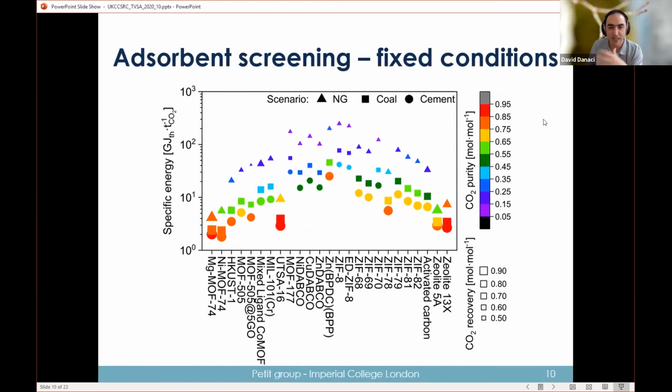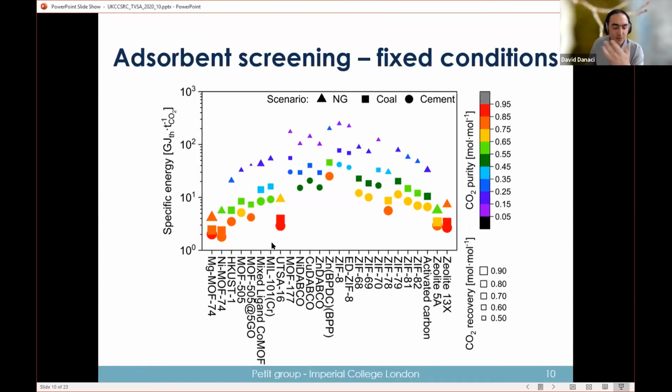So here is the same data set, but the specific energy reported on the y-axis. So the gigajoules of thermal energy you need to expend per ton of CO2 captured. Now, all of this middle section is quite atrocious, but that's really due to the very low working capacity because you obtain such a small amount of CO2 per cycle.